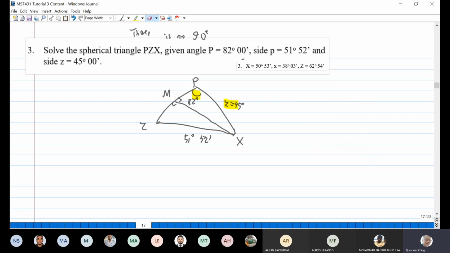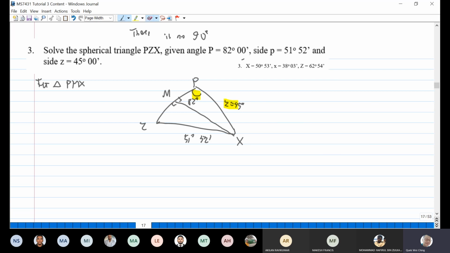So it becomes something like this. There are two triangles there. Let's go to the Napier's view with the two triangles, starting with the one with more information, triangle PMX.